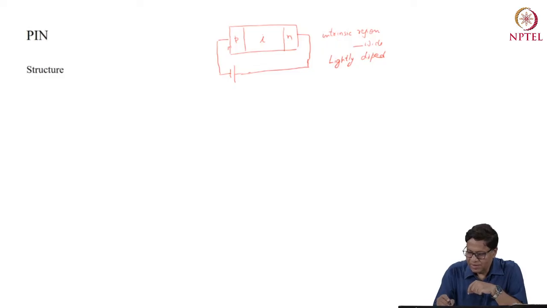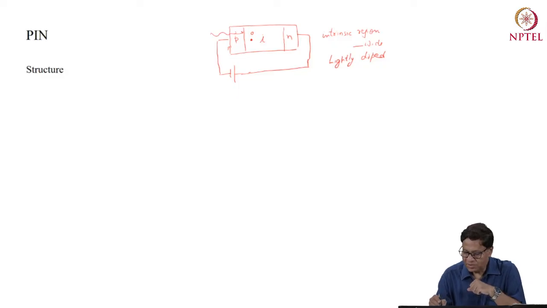So when optical energy falls, it is absorbed and it generates electron hole pairs. I'm denoting the hole as a hole and the electron as a dot.